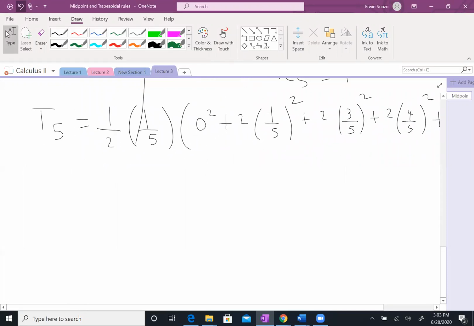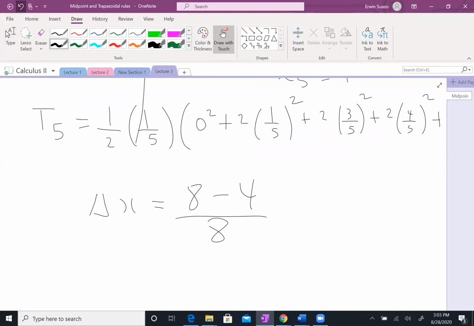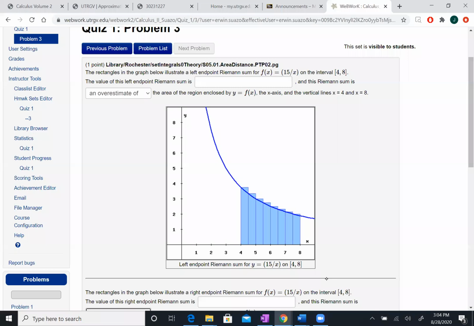The increment is b minus a, divided by 8, because it is from 4 to 8.